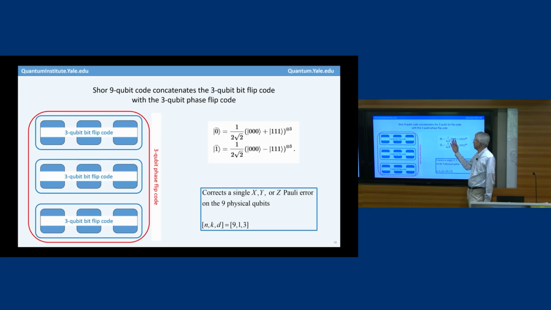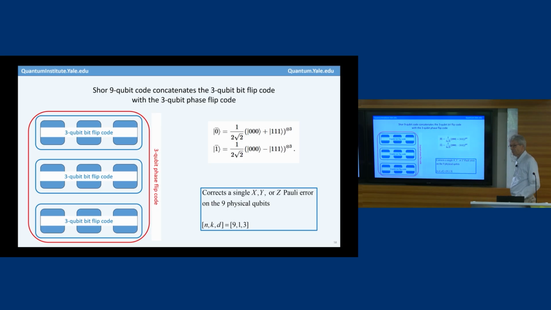If I flip all 3 bits, I get a minus sign on this guy, so that's a logical phase error. If I apply z to all of these, I interchange 0 and 1, and it's a logical bit flip.